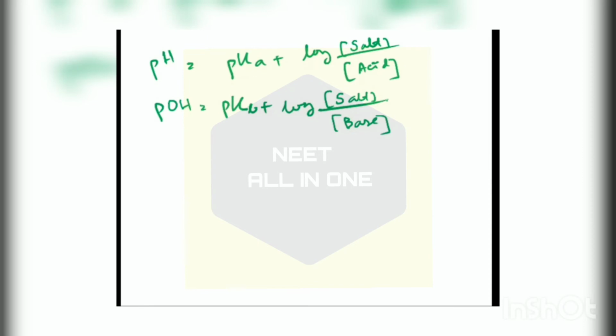Now what comes next is our sparingly soluble salt. Now in sparingly soluble salt, what happens is that a salt that doesn't dissolve completely but ionizes completely in aqueous solution is known as a sparingly soluble salt.